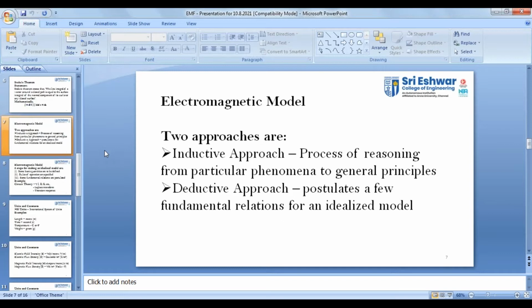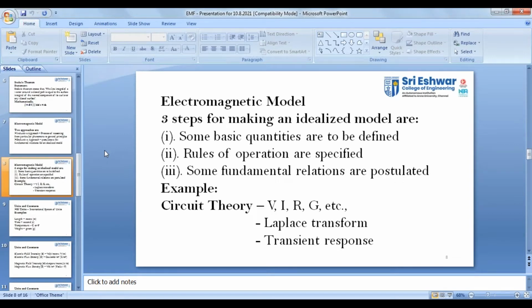The deductive approach postulates a few fundamental relations from an idealized model, which helps us in formulating fundamental relations. Inductive approach is the reasoning of why something is happening, from a particular phenomenon to general principles. Some examples will also be given here.